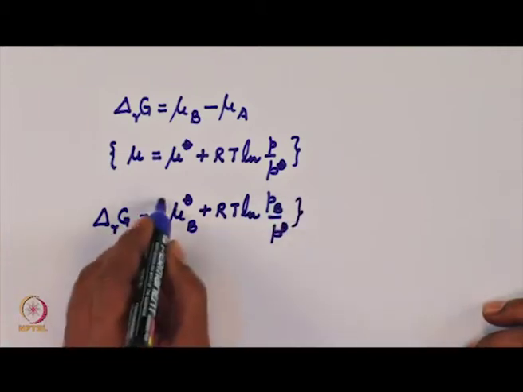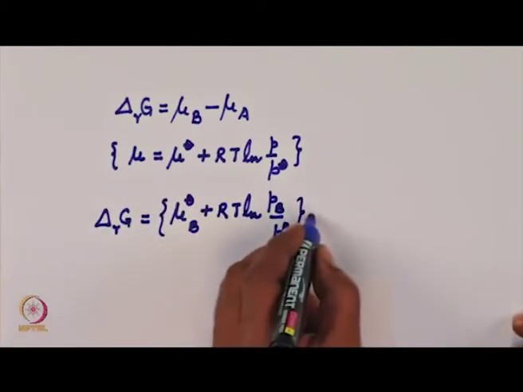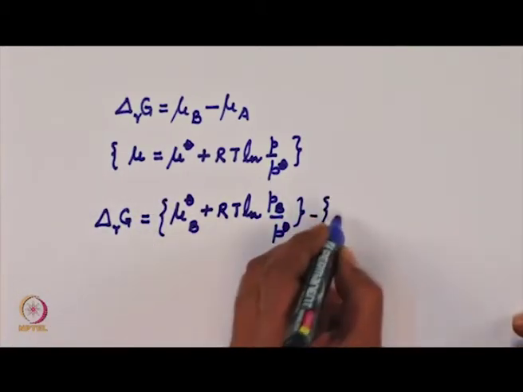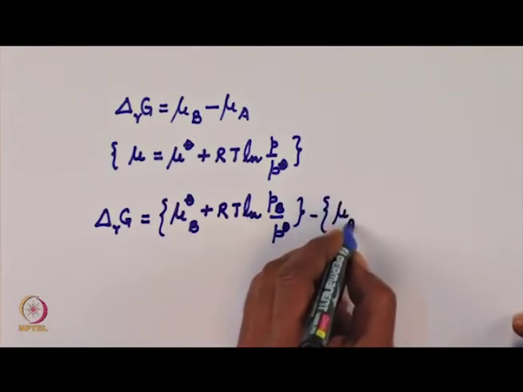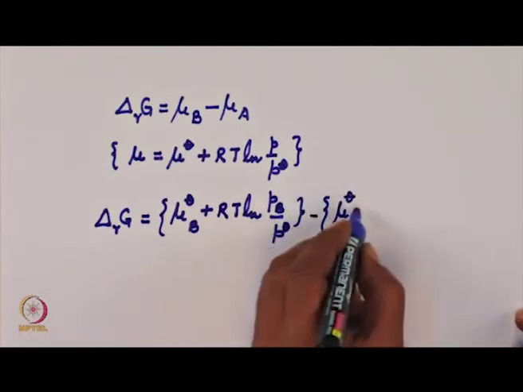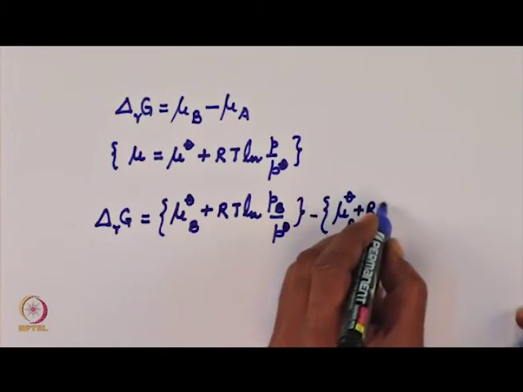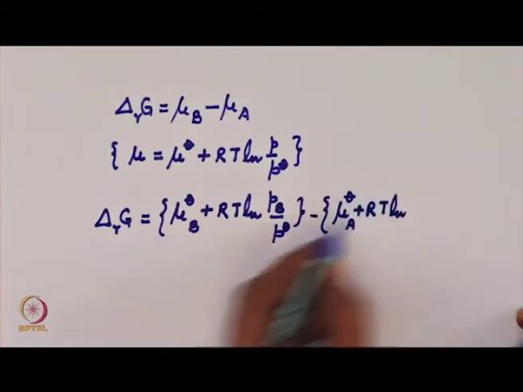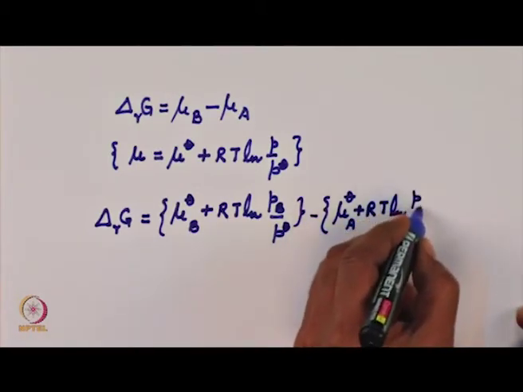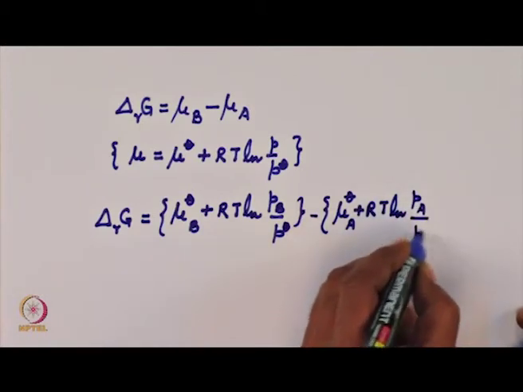This is for mu B. Now for mu A, it will be mu A naught plus RT log PA by P naught.